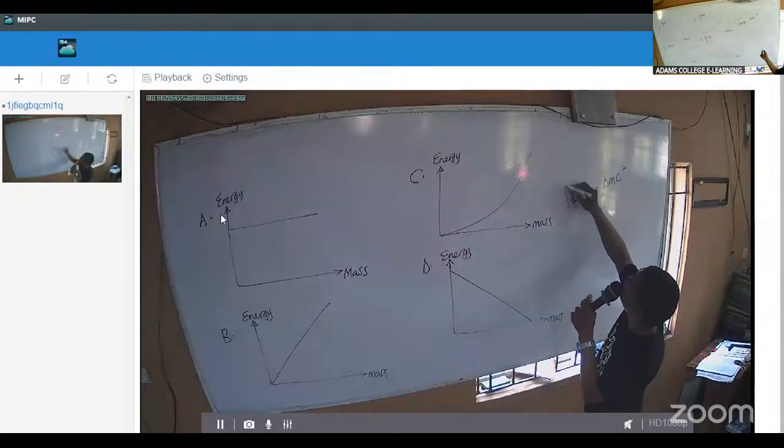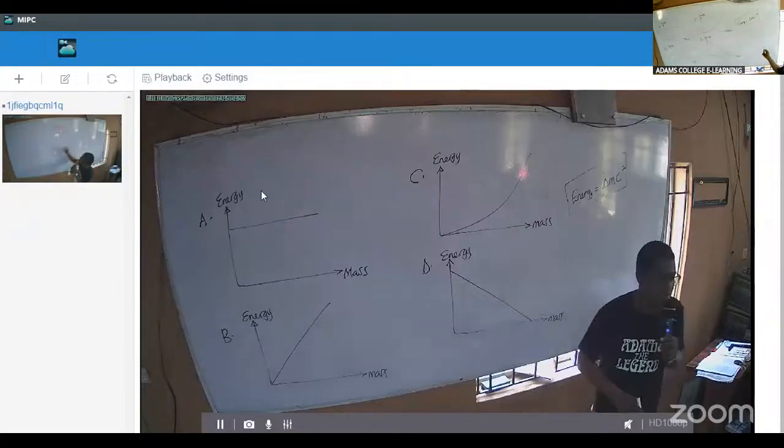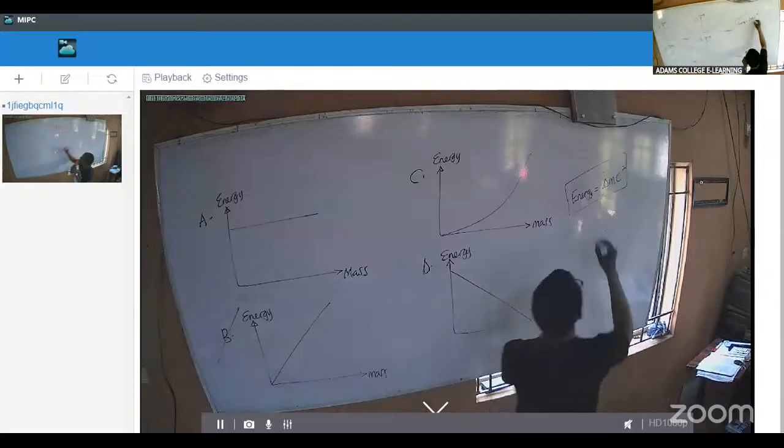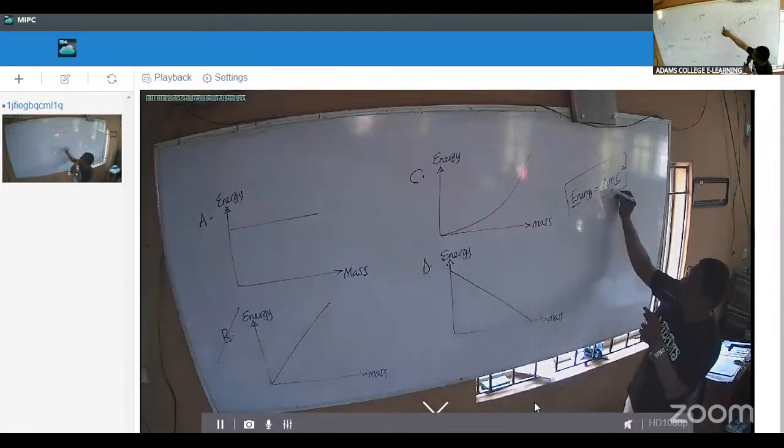Look at this formula for energy. With this formula, what is the relationship between energy and mass? Directly, the answer is B. That's all. But if they ask about energy and C, it will not be this one.